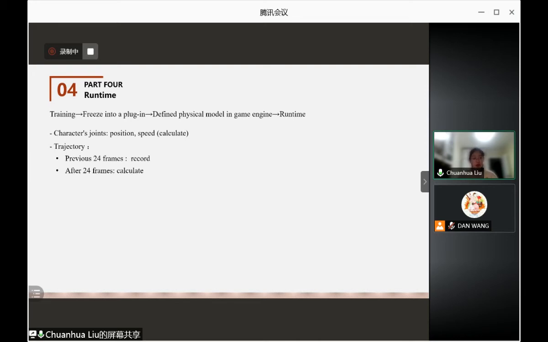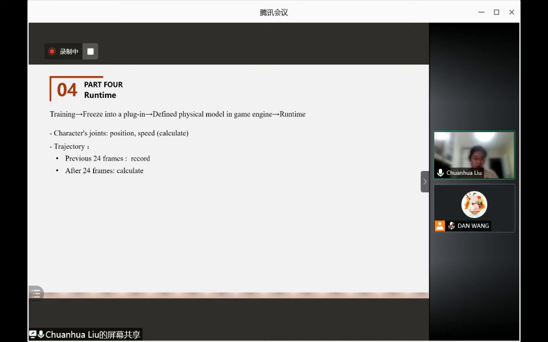We need the character's joint positions and speed as input, and the states as input. In the game engine, the character's joint positions we can just read in the engine, and the speed we can easily calculate.